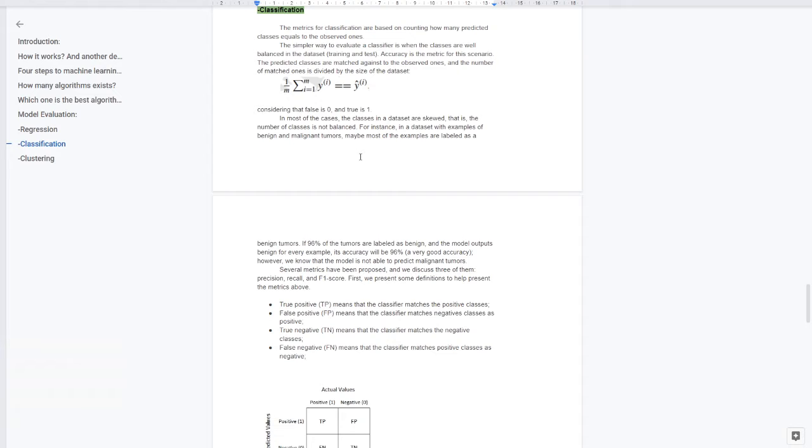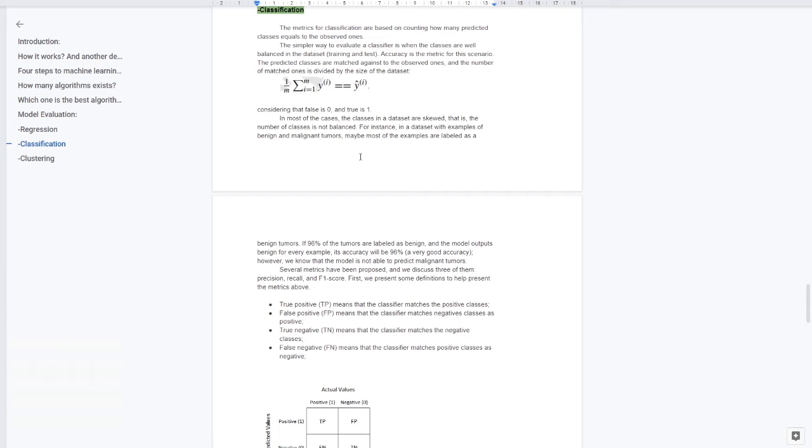In most cases, the classes in a dataset are skewed, that is, the number of classes is not balanced. For instance, in a dataset with examples of benign and malignant tumors, maybe most of the examples are labeled as benign tumors.